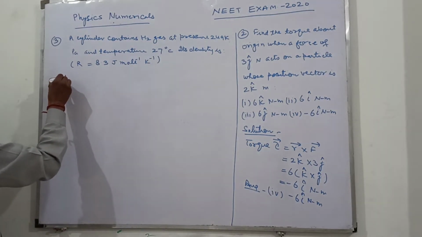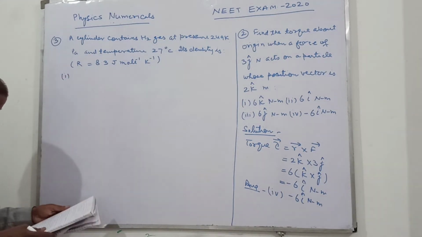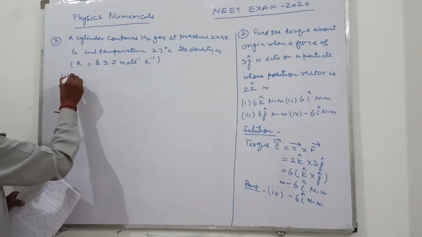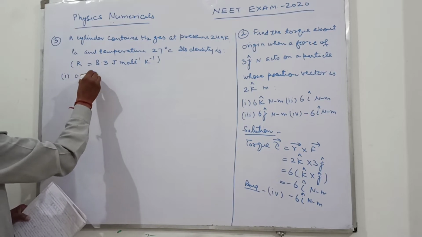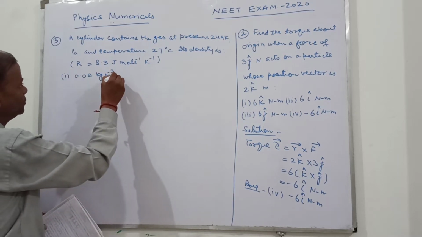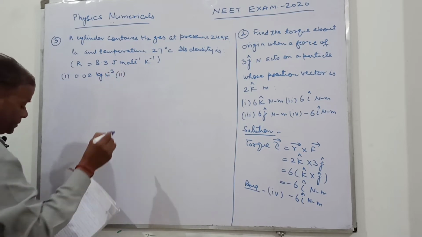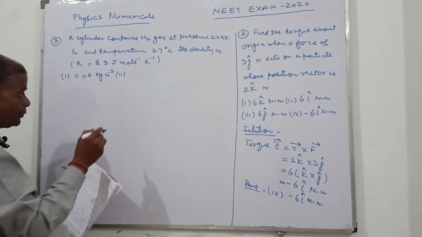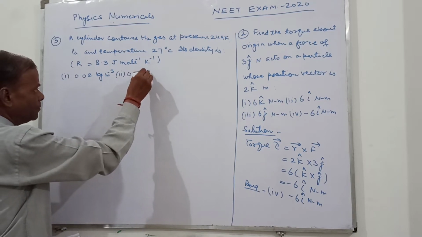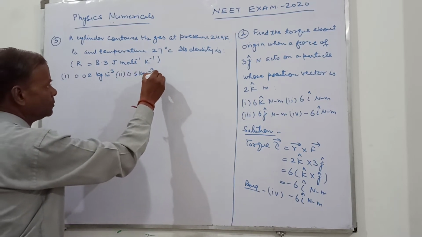Now the options are: first option is 0.02 kilogram per meter cube. Second option 0.5 kilogram per meter cube.